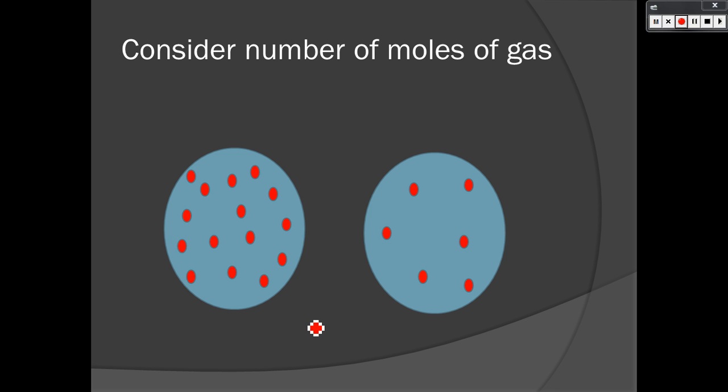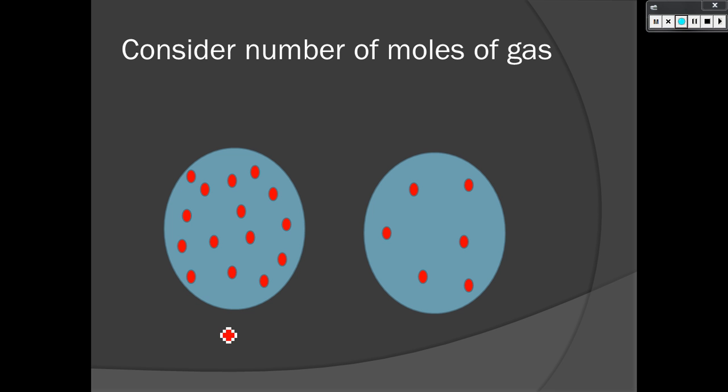So we can assume, if the volumes are the same and let's say the temperatures are the same, that these gas particles are moving at the same average speed, because we'll assume it's the same gas. And so this one would have a higher pressure, because if the gas particles are moving the same speed and it's the same volume, then we would assume there are more collisions with the sides in this one.